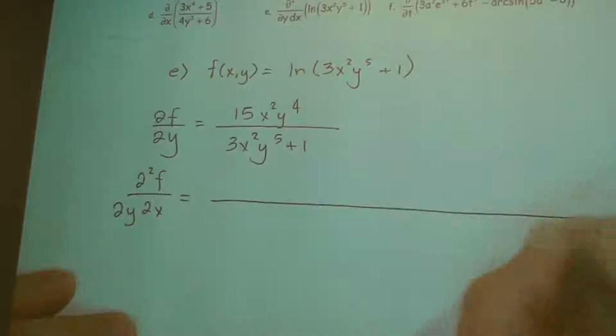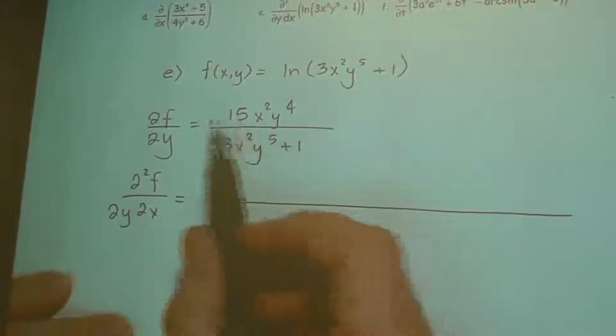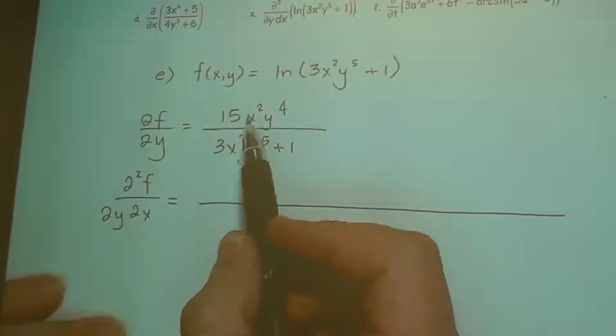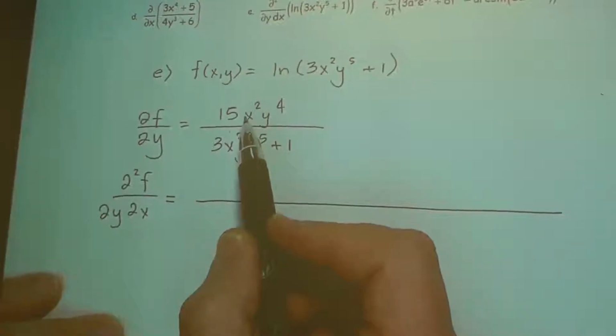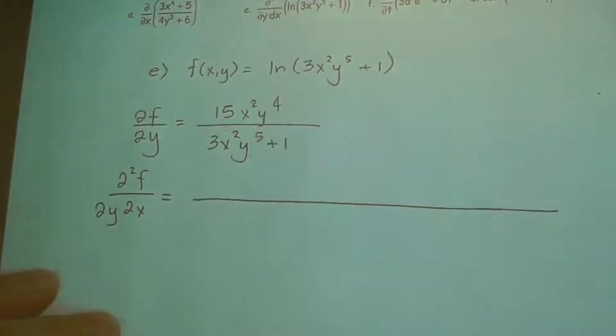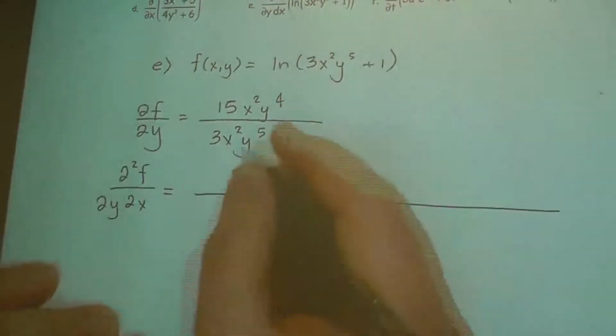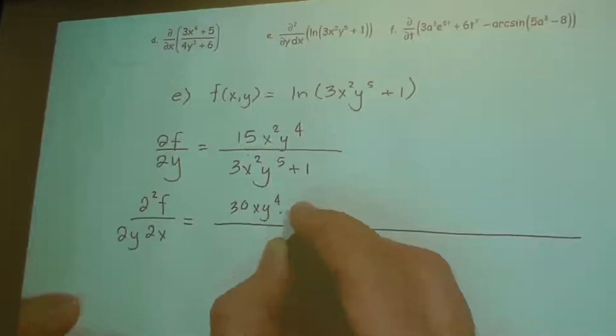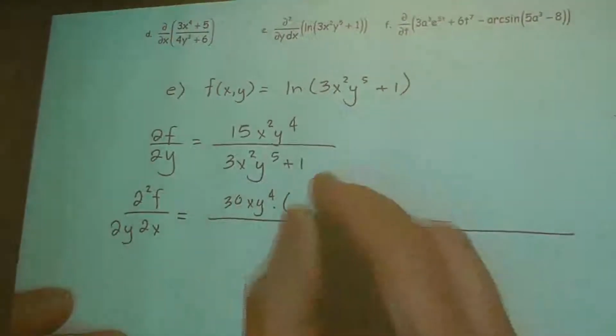So the quotient rule is you do the top derivative times the bottom left alone. So I'm going to give myself plenty of room here. The derivative of the top with respect to x, 15 is a coefficient, x squared becomes 2x, and then y to the fourth stays y to the fourth. So essentially the 15 and the y to the fourth are coefficient constants. And that would give me 30x y to the fourth times the bottom left alone.